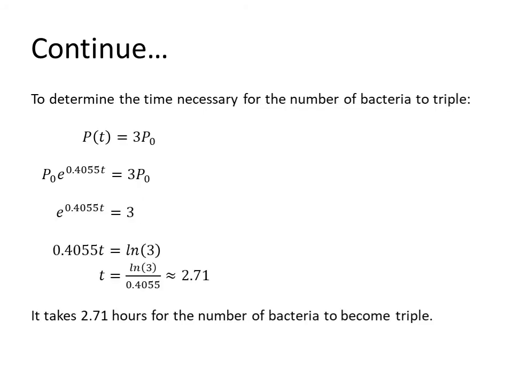To determine the time necessary for the number of bacteria to triple, let P of t equals 3 times P naught. Solve for t, and this will give us the time taken for the number of bacteria to triple, which equals 2.71 hours.